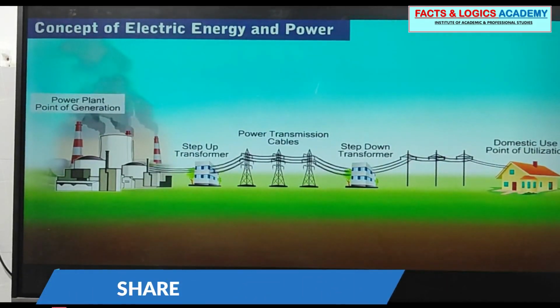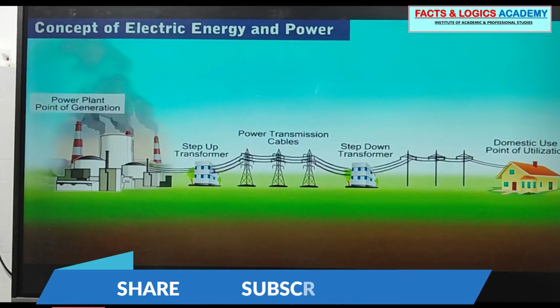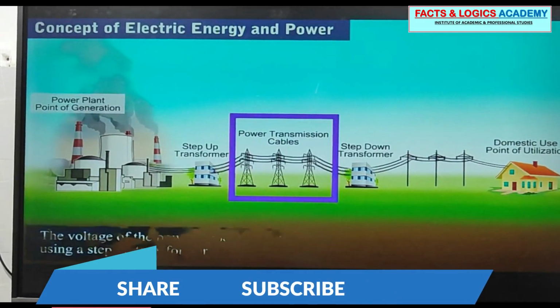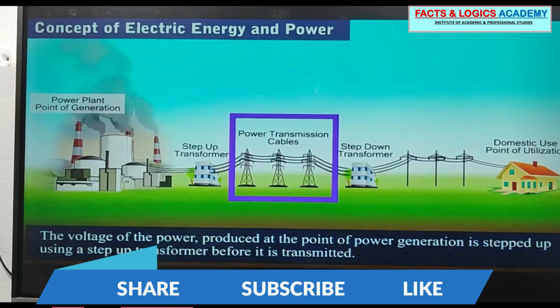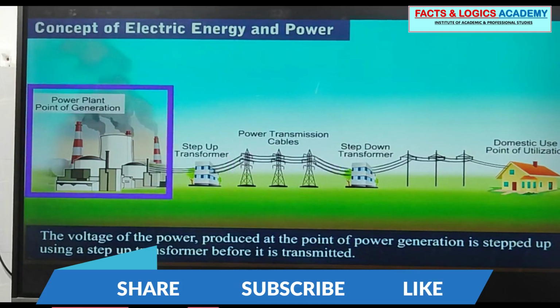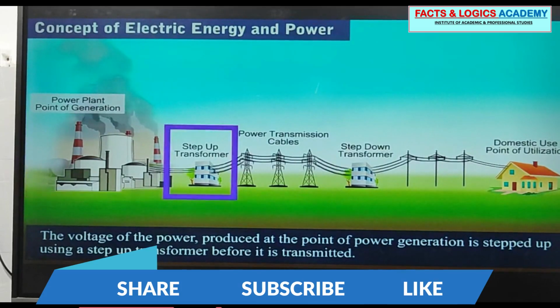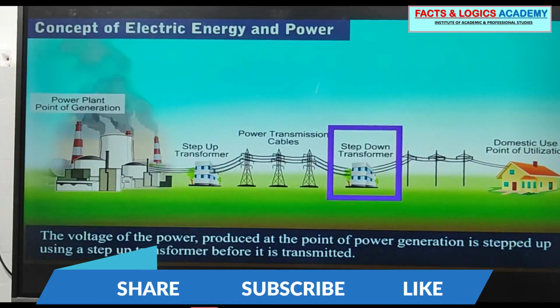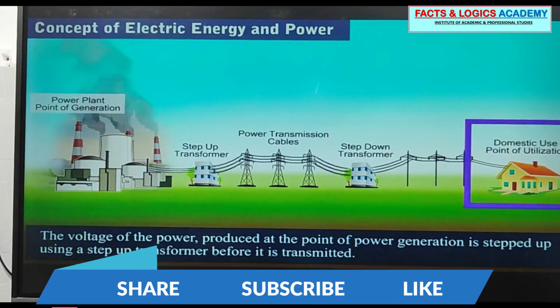Therefore, to minimize the power loss in transmission cables, the voltage of the power produced at point of power generation is stepped up using a step-up transformer before it is transmitted. This very high voltage is converted to low voltage by using a step-down transformer placed very near to the point of utilization of power.